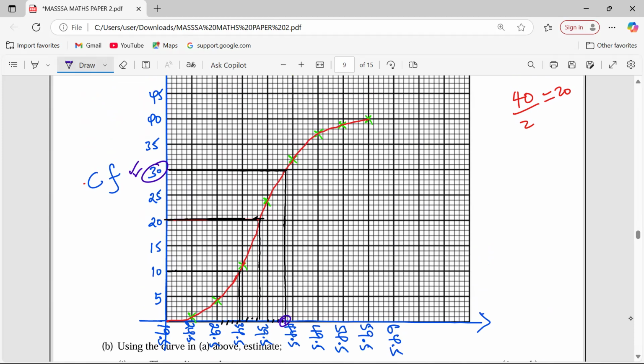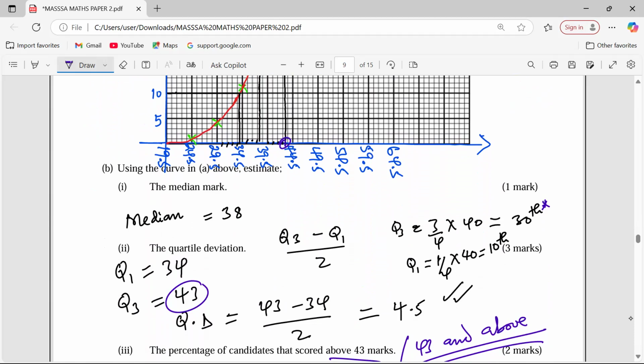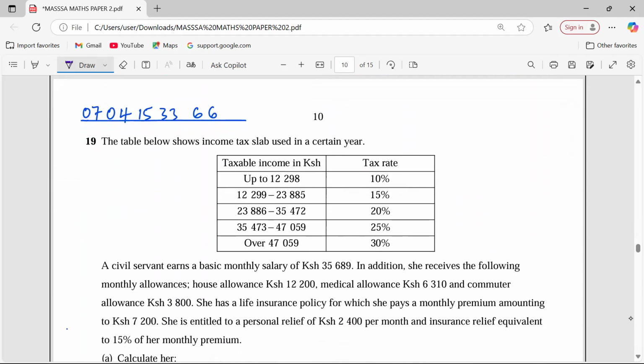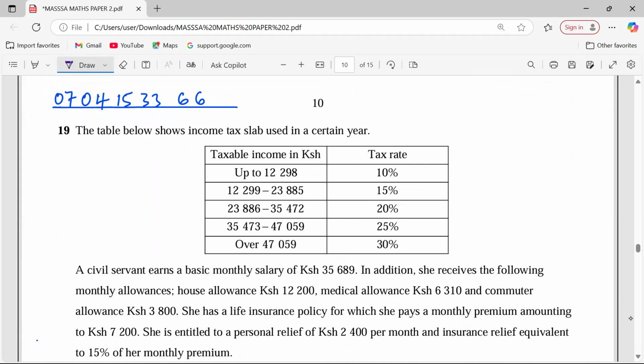From the 31st all the way to the 40th, they are 10. But if we had been told 43 and above, then we would have added the 30th student. So that is it on the ogive, which is part of Statistics 2.